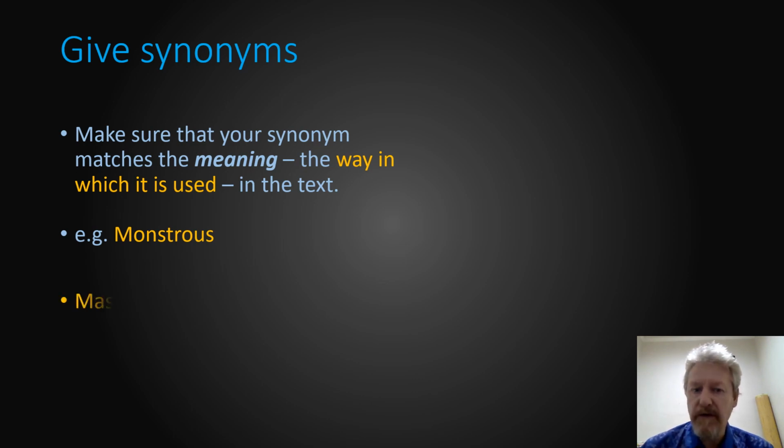It depends how it's used. For example, it can mean massive and imposing. "I looked up and saw that I was standing in the shadow of a monstrous government building," meaning its size and the fact that it's imposing.